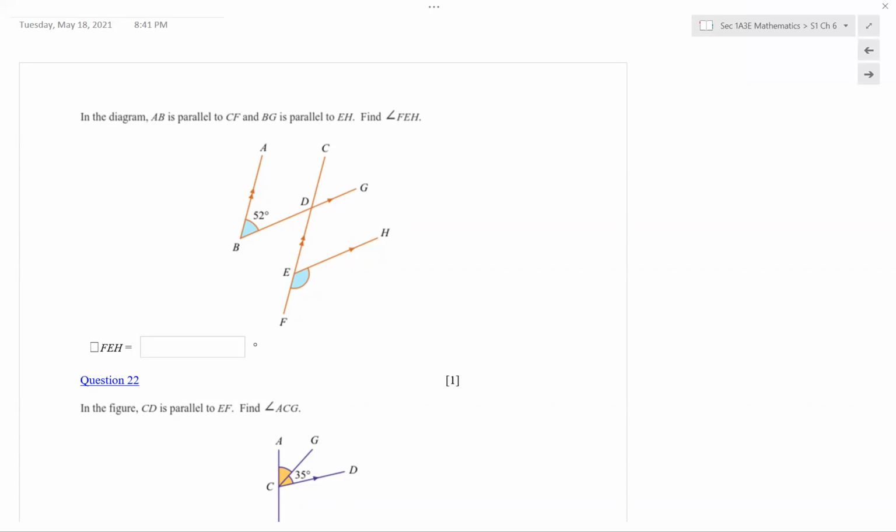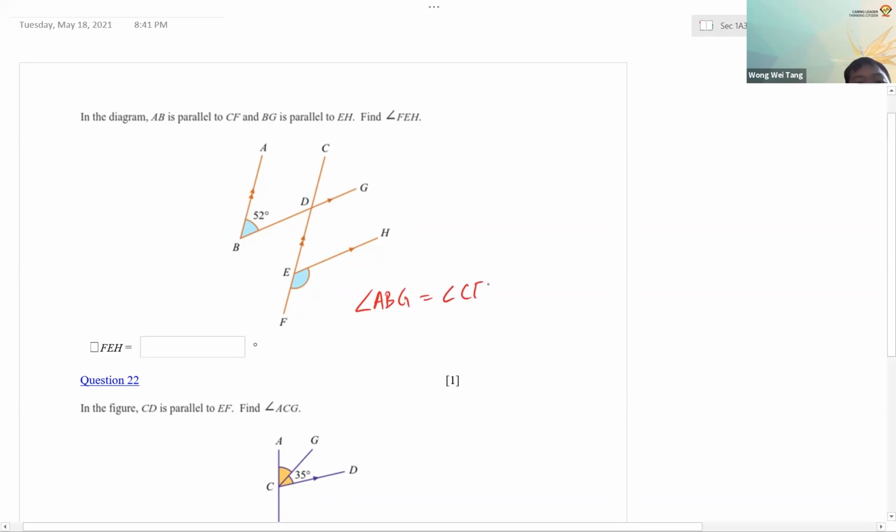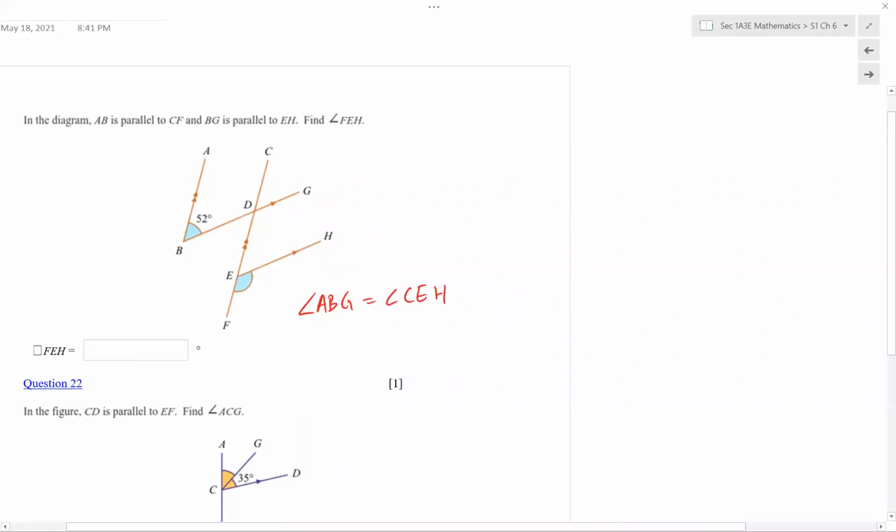Angle ABG is equal to angle CEH. The reason is corresponding angles, parallel lines. Okay, nothing wrong with that.